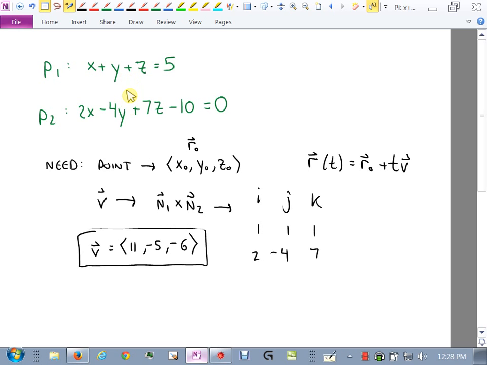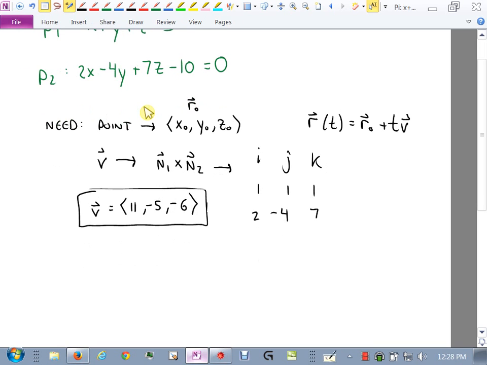Just let one of them be something like, why don't we let z be 0, and see if we can find an x and a y that work. So for my point, going to let z be 0. I could let x be 0, I could let y be 0.